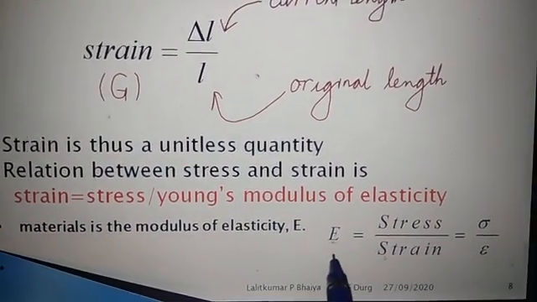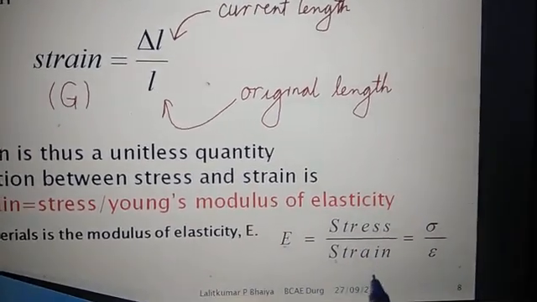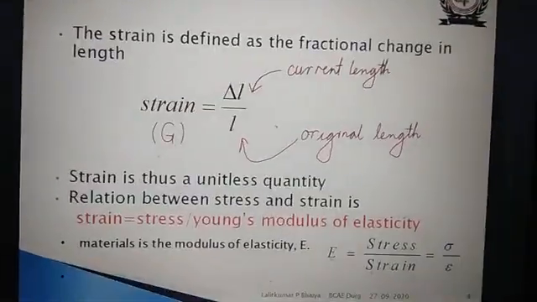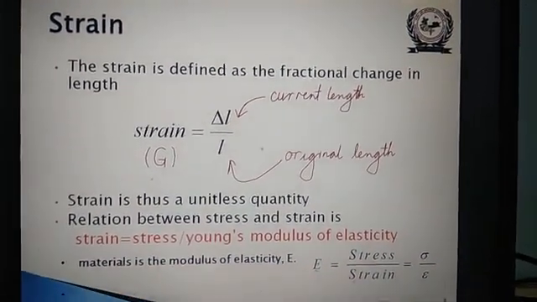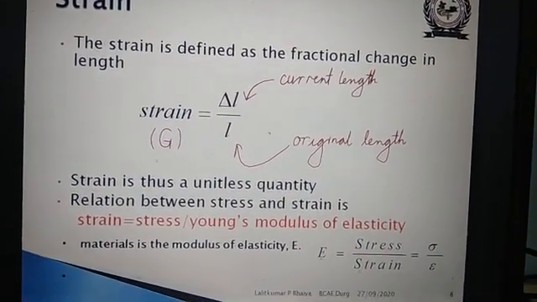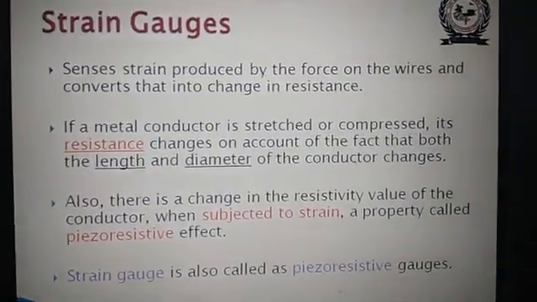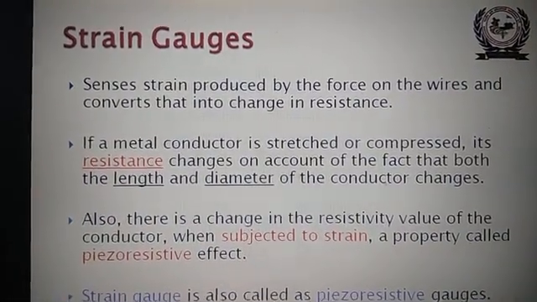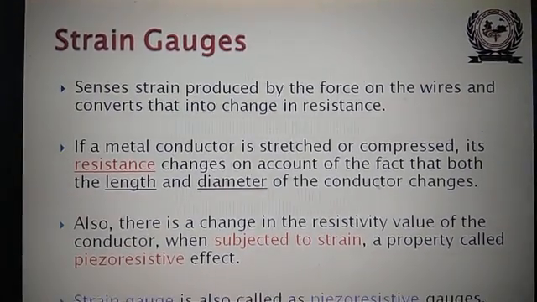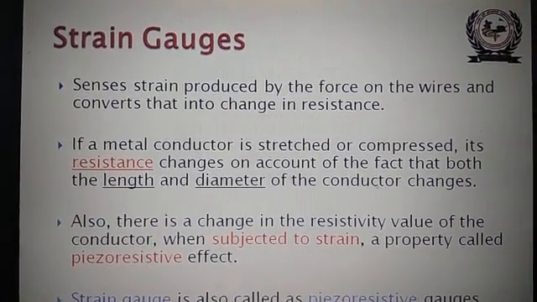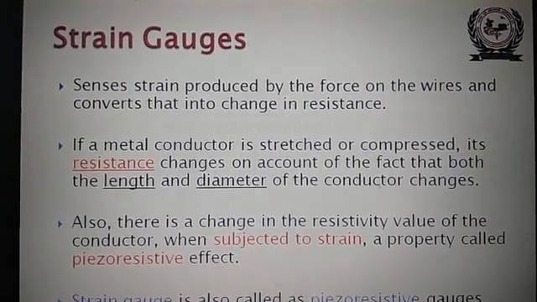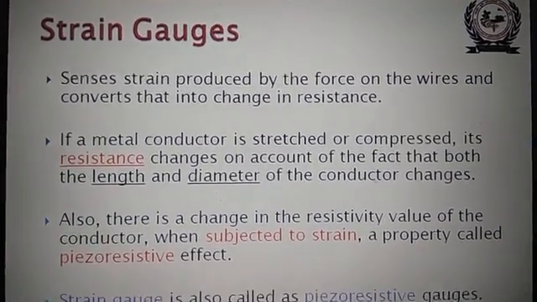Modulus of elasticity, E, is equal to stress upon strain, sigma upon epsilon. This part also comes up while studying the modulus of elasticity. Strain gauges sense the strain produced by the force on the wires and convert that into a change in resistance.